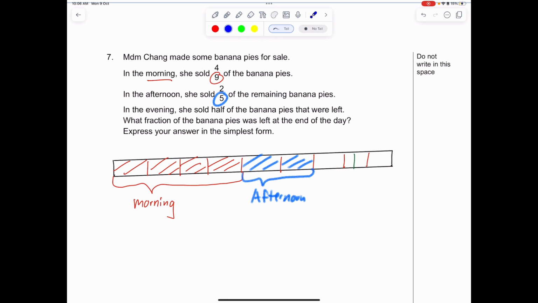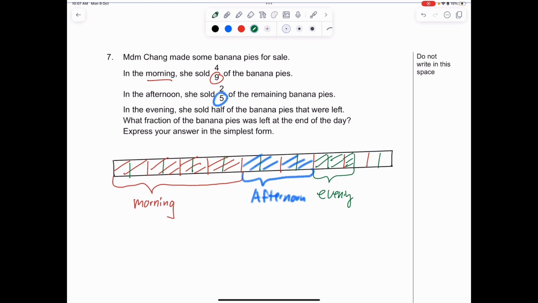I will divide everything by half. And so now instead of 3 units, I have 6 units. So half of 6 units is actually 3 units. So in total, I have this amount left.